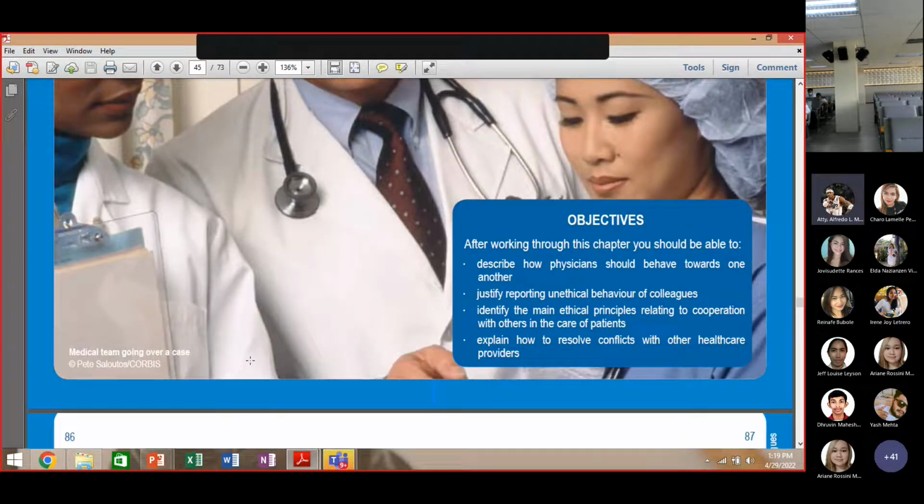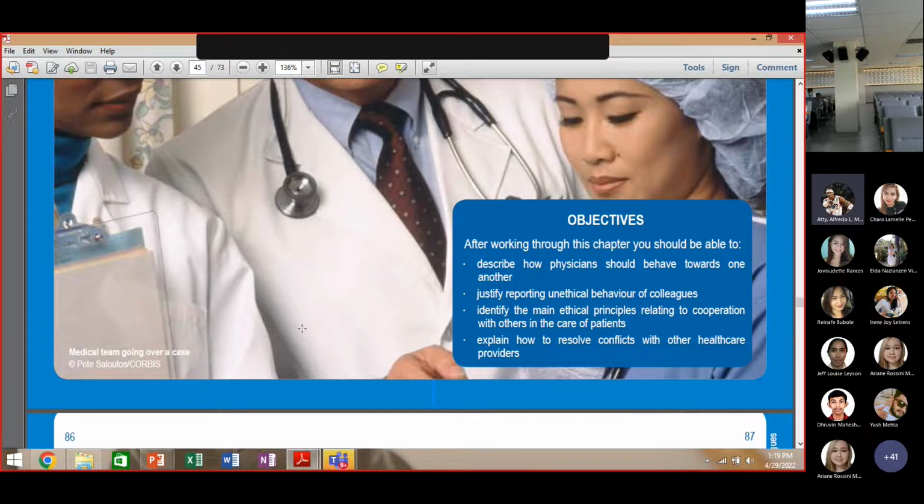The objective of this discussion is, after working through this chapter, you should be able to first describe how physicians should behave towards one another, the relationship between you and your professional colleagues.